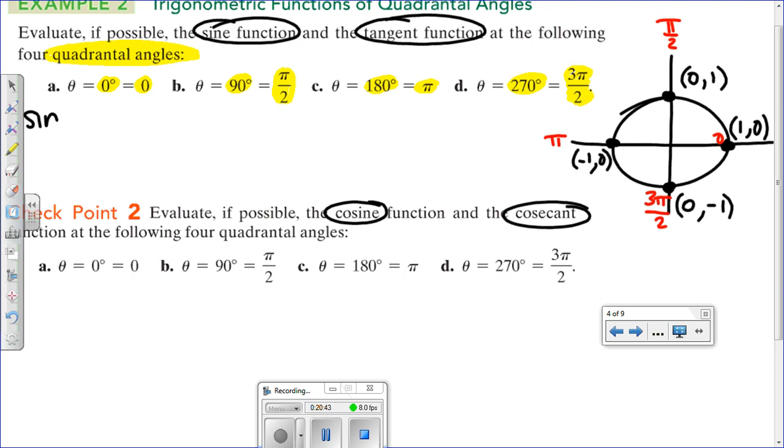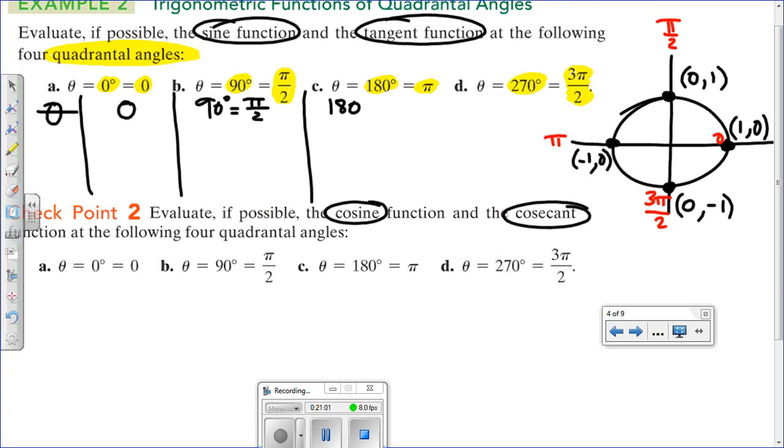Sine, theta, and then we'll write 0, 90 or pi over 2, 180 or pi, and then 270 or 3 pi over 2.